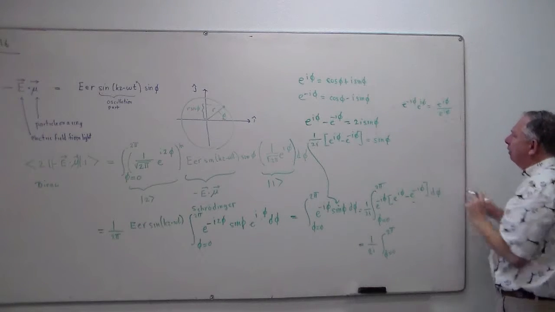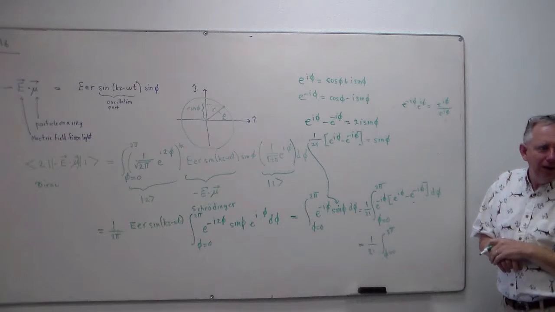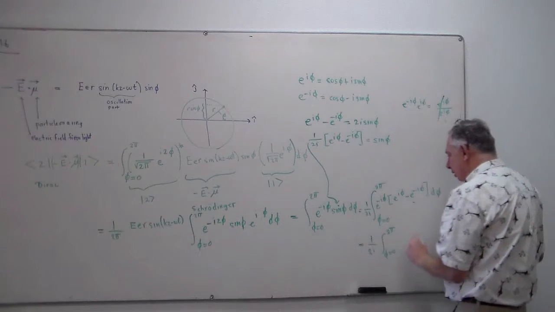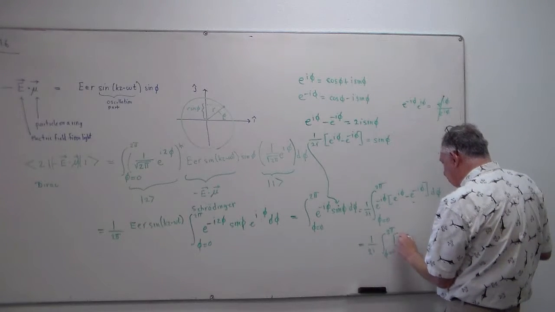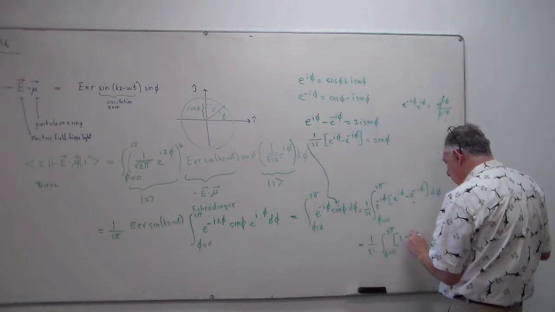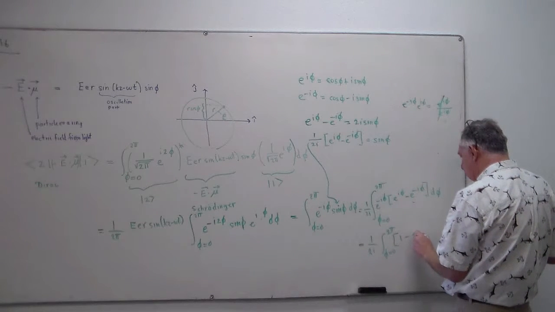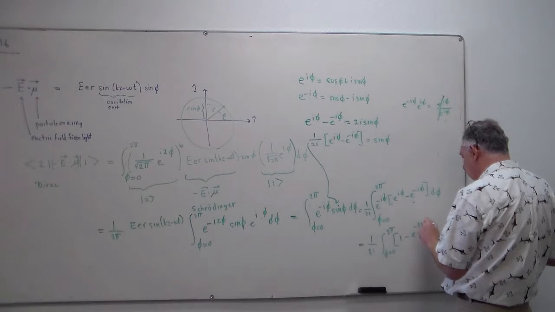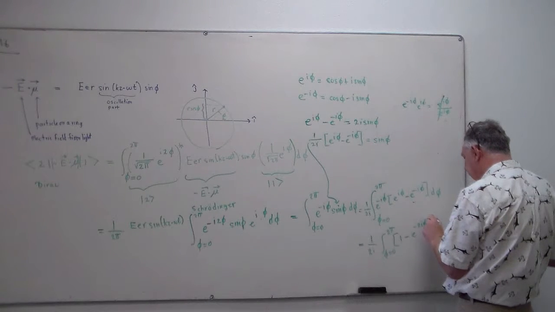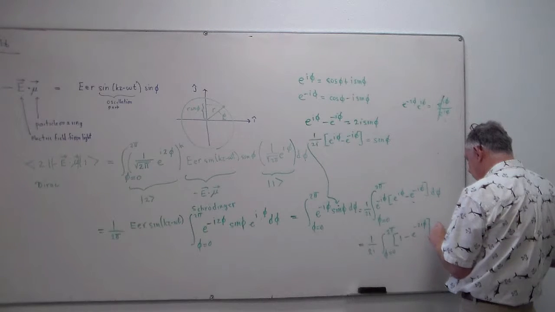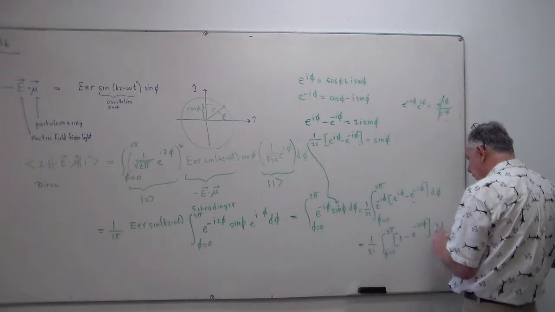So what's e to the I phi divided by e to the I phi? 1. So the first expression is 1, and the second one is minus e to the minus 2I phi, d phi.